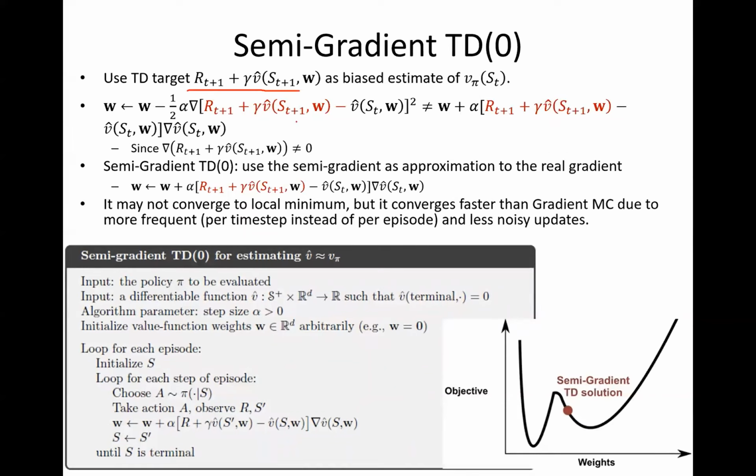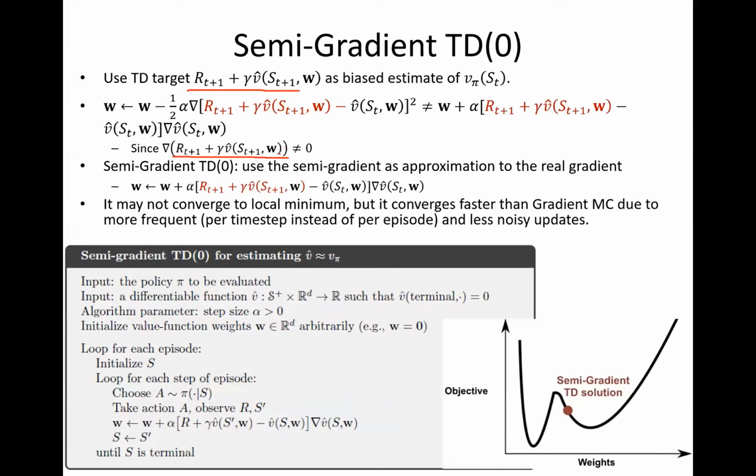Now, if you're taking the gradient of this squared error in a sampling approach, for a particular sample of S_t+1 and R_t+1, you cannot simply take the gradient inside like this, because this term here is dependent on W. That's the non-IID part.